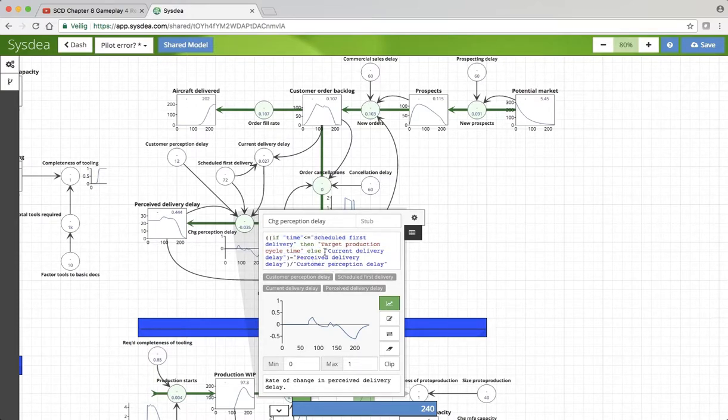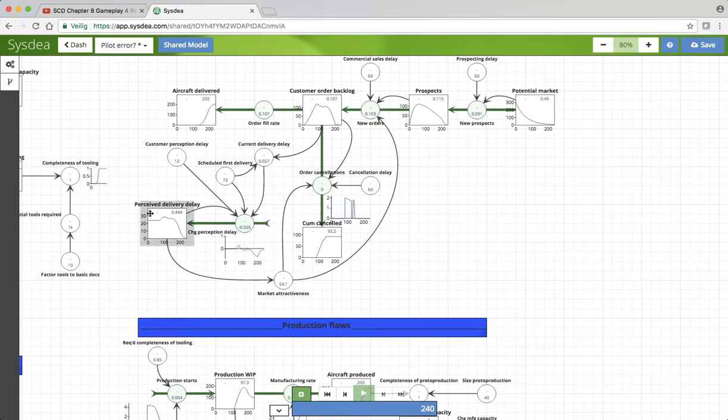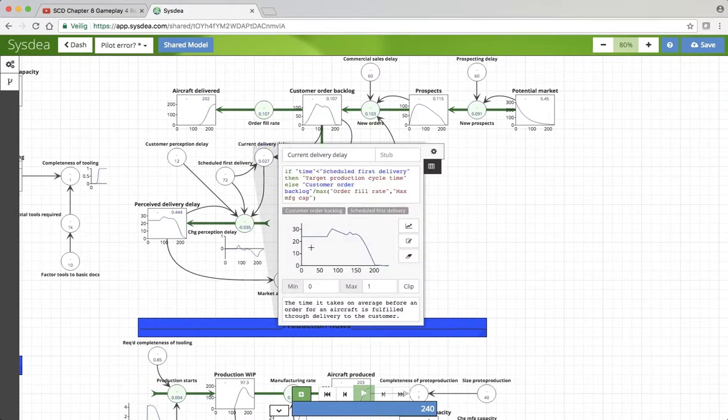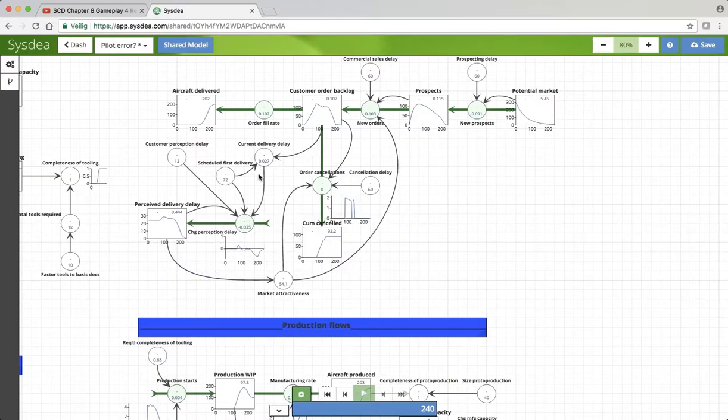But after that moment, this simply becomes an information delay, and the current delivery delay then also starts to determine its perception of what the delivery delay is. And that current delivery delay is higher in the beginning than what the company said it would be. And that's what you see here.